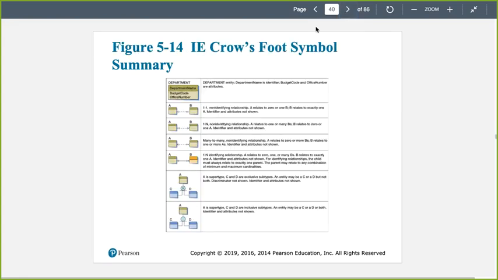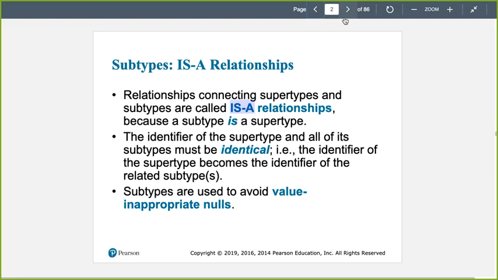For example, child and parents: is a child a parent, or is a parent a child? The answer is no. So the relationship between them will not be a strong supertype and subtype relationship.